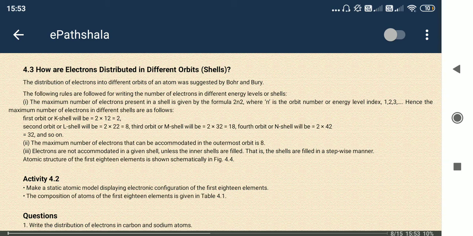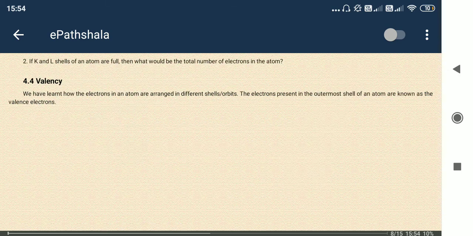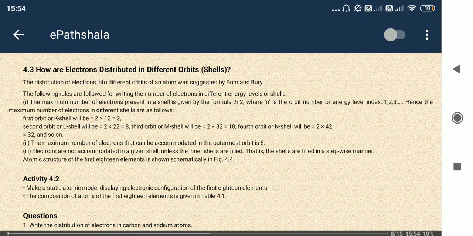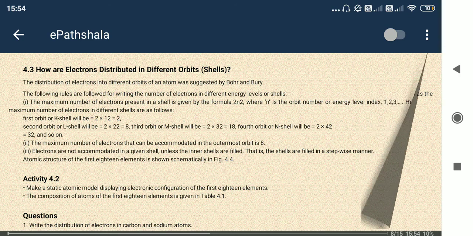So the second orbit holds a maximum of 8 electrons. For the third orbit, 2 into 3 square, which means 2 into 9, is 18. So the third orbit's maximum number of electrons is 18. Okay, likewise you can get it from the principal quantum number. So the maximum number of electrons in an orbit or shell can be calculated by 2n square.